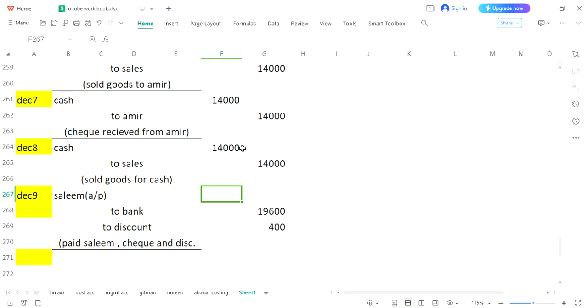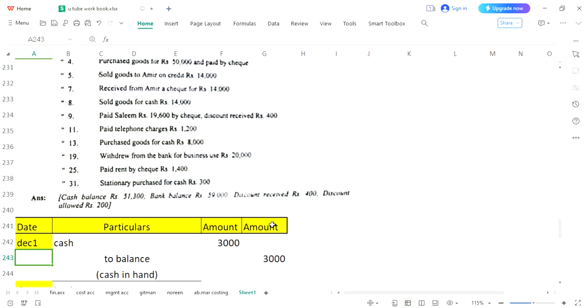Again, we will apply the simple accounting principle: debit is always equal to credit, and credit is always equal to debit. So you will take the sum of the credit side and write it on the debit side. Now you can see debit and credit become equal. So the December 9 entry has been completed.